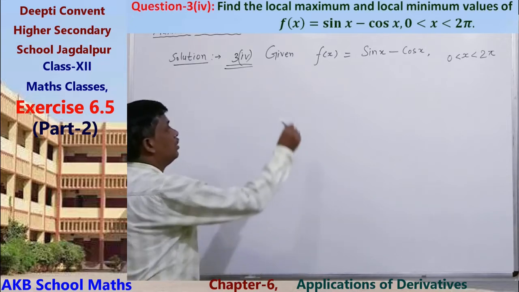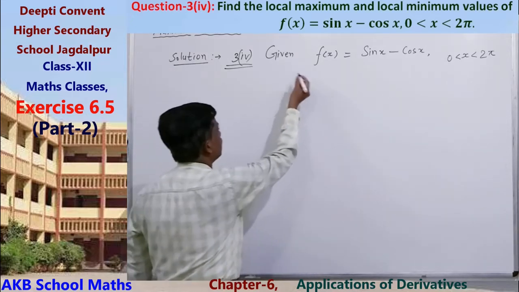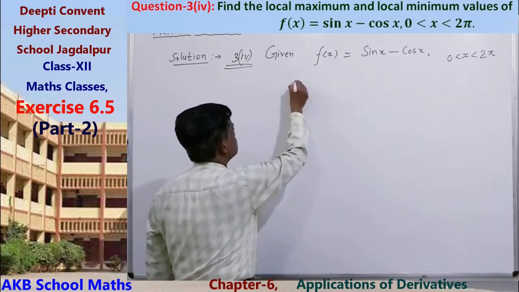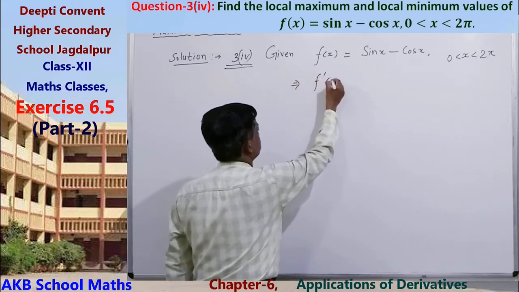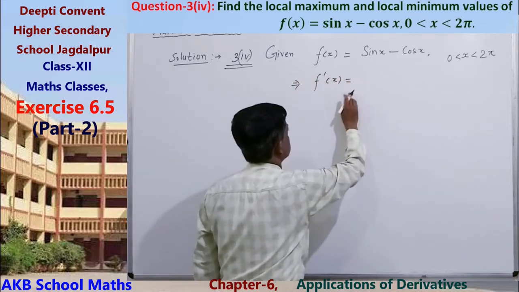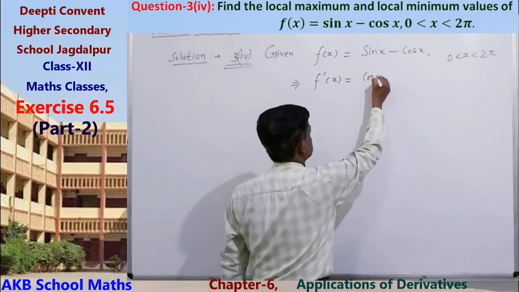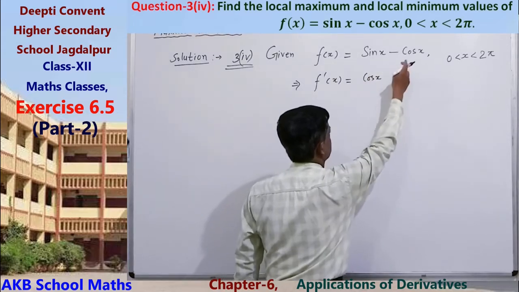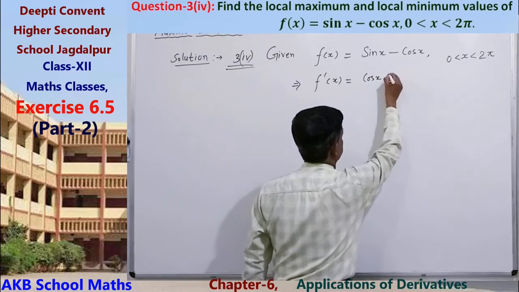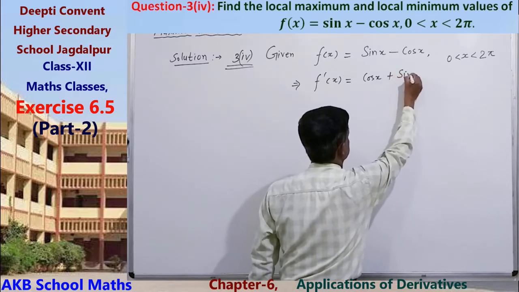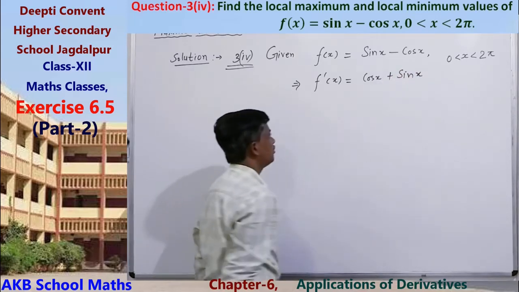Okay, here, differentiate it. First of all, we have to find the first derivative. The derivative of sin x is cos x, and the derivative of cos x is minus sin x, so minus of that is plus sin x. This is the derivative f dash x.